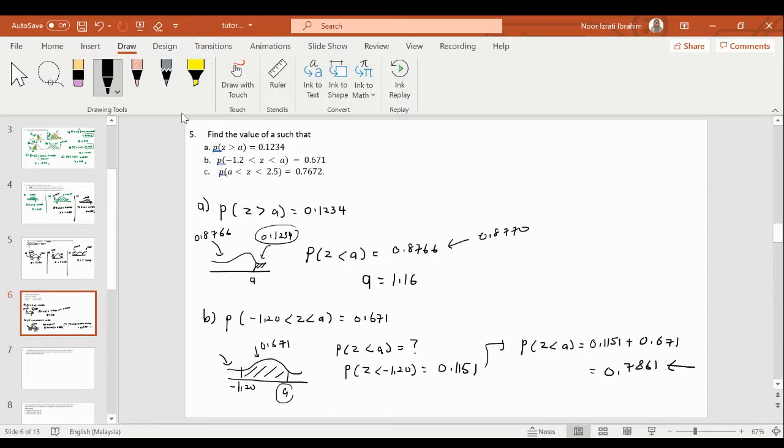So the nearest to this probability in the table is 0.7852, where the a value is 0.79.